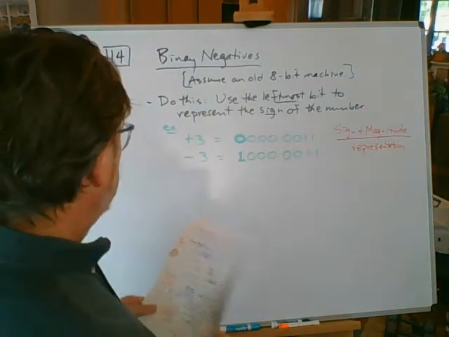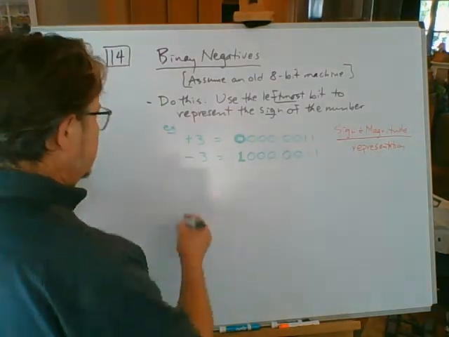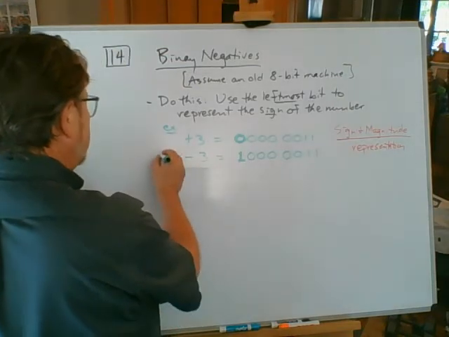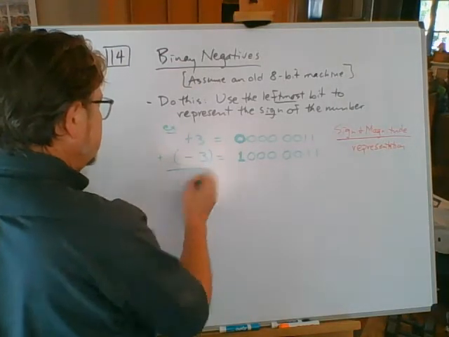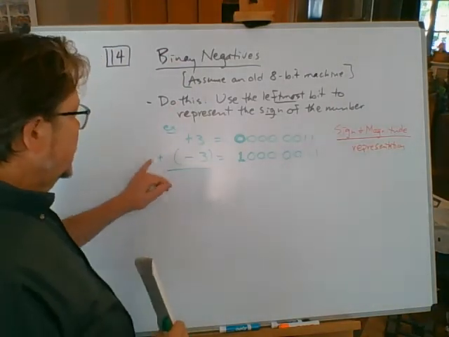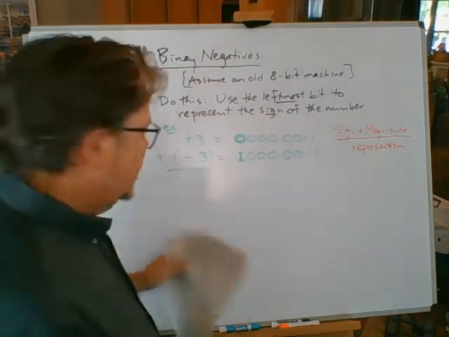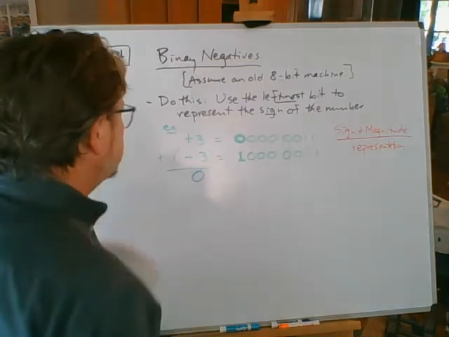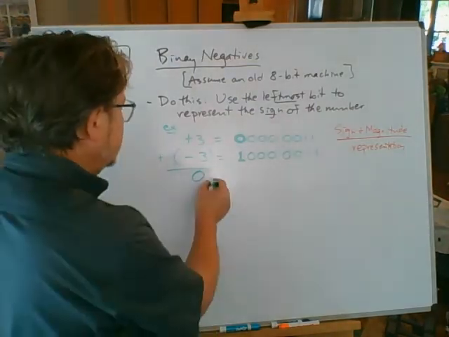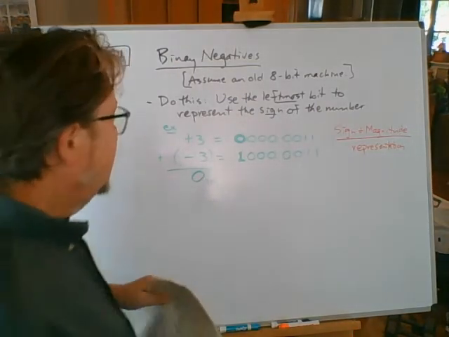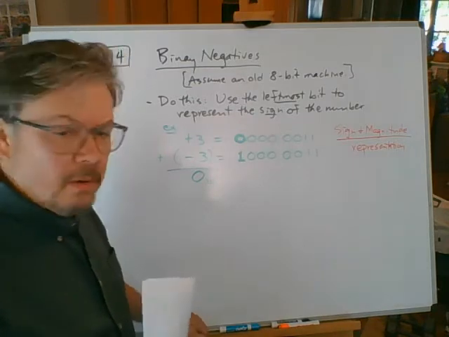Now we can do addition with positives and negatives. Let's add these two up over here. I'll put that in parentheses so it doesn't look like I have two signs in a row. Positive 3 plus negative 3. Well, duh. I know that. That's goose egg, 0. And I better put a little 10 down here, because I've got more than one number system running on the board.